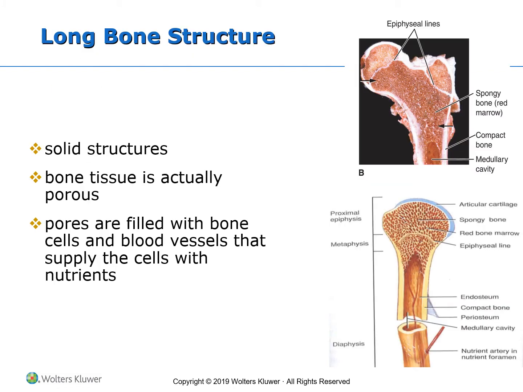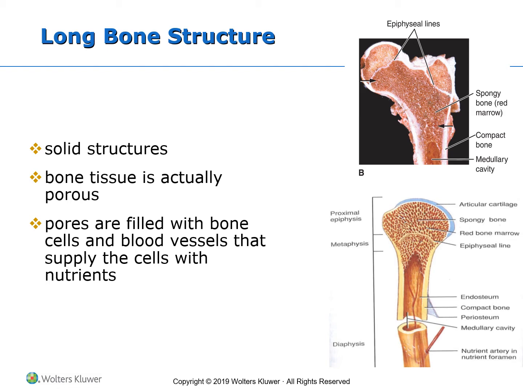So let's look a little bit into the structure of the bone. And I'll start by saying that our body has approximately 206 bones, and they come in all kinds of shapes. They can be classified as long bones, short bones, and irregular bones.